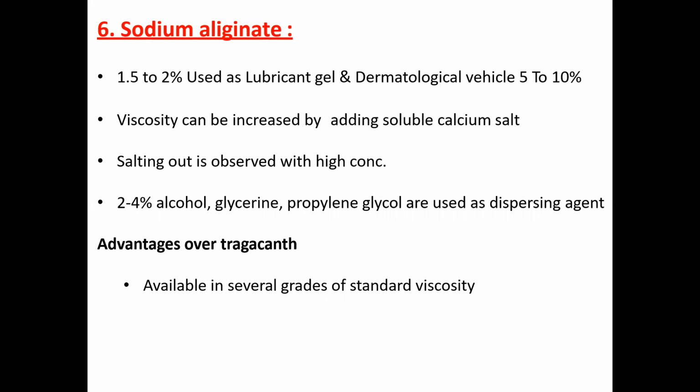At a high concentration of sodium alginate, salting out is observed. 2 to 4% alcohol, glycerin, and propylene glycol are also used as dispersing agents in this sodium alginate gel.